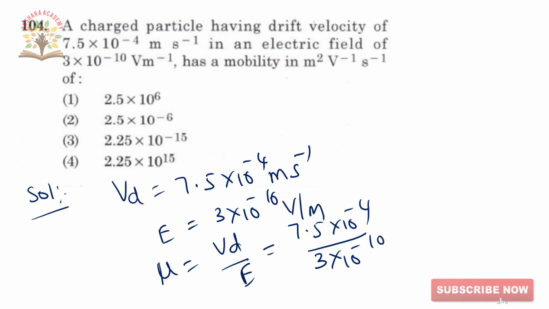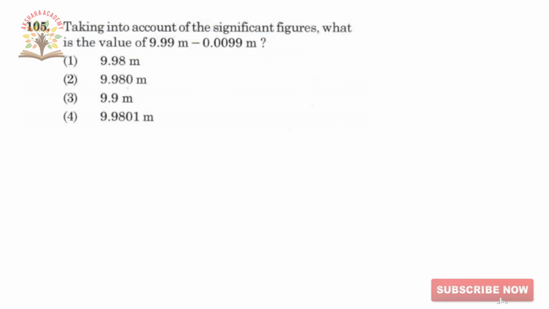Which option is correct? The first option is correct, 2.5 into 10 to the power of 6 meter square per volt second, the mobility. Next go to question number 105, which is a direct question, approximately equal to, after doing subtraction, 9.98 meters. The first option is the correct option.